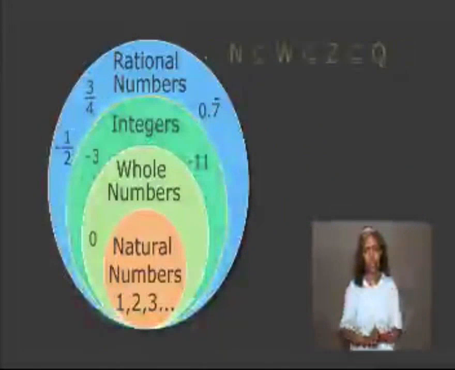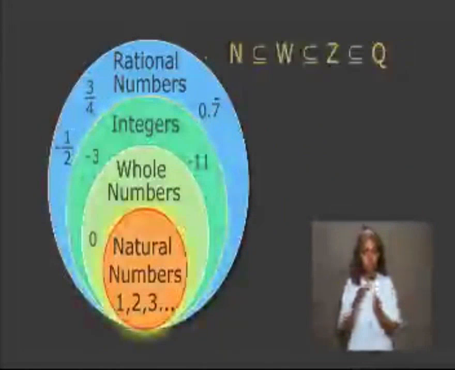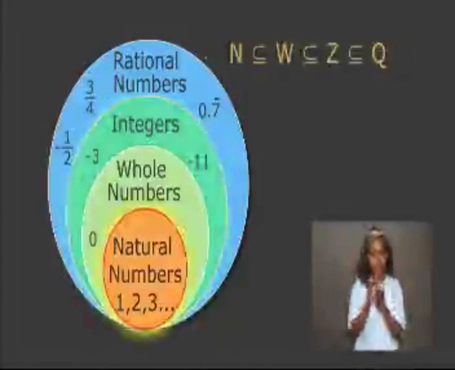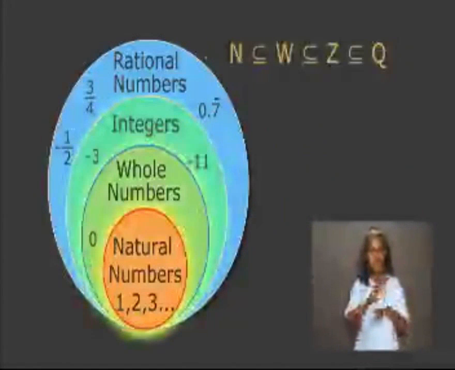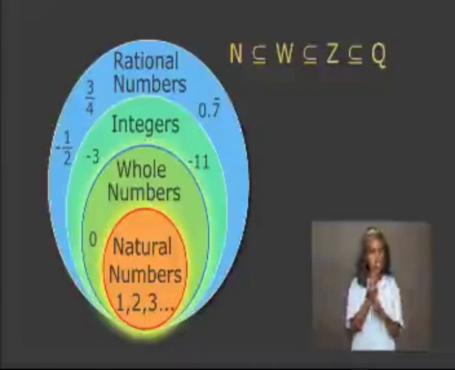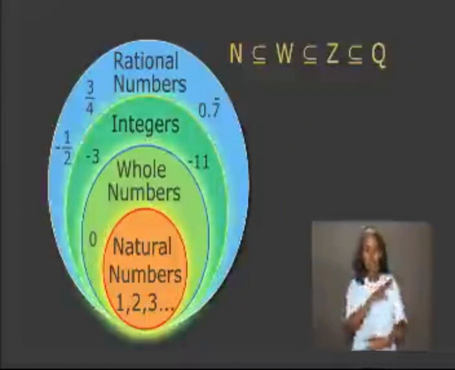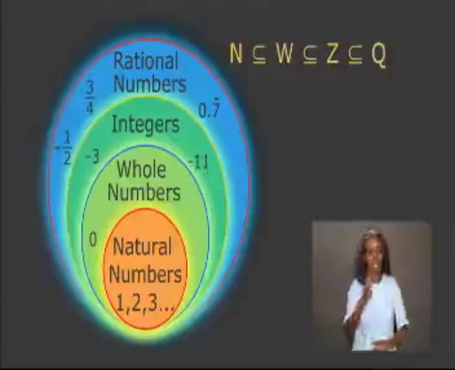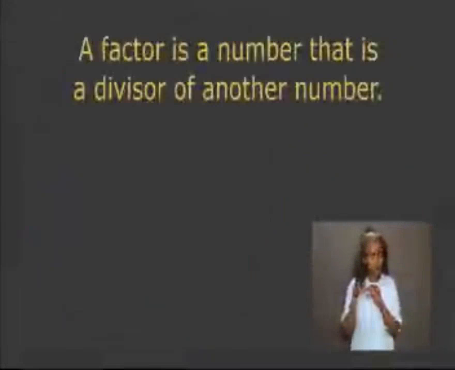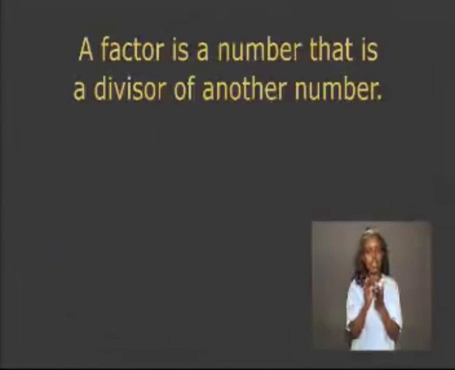The set of natural numbers is included in the set of whole numbers, which is included in the set of integers, and all of these are included in the set of rational numbers. Students, you may also recall that a factor is a number that is a divisor of another number.